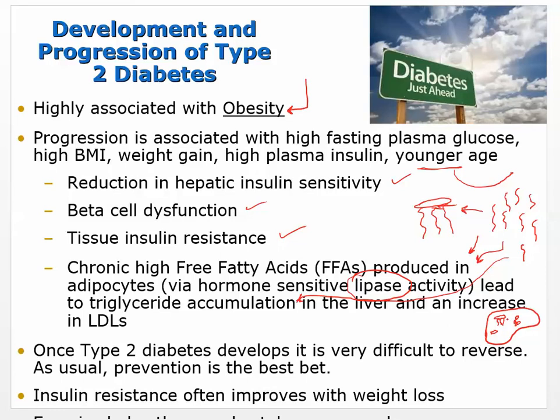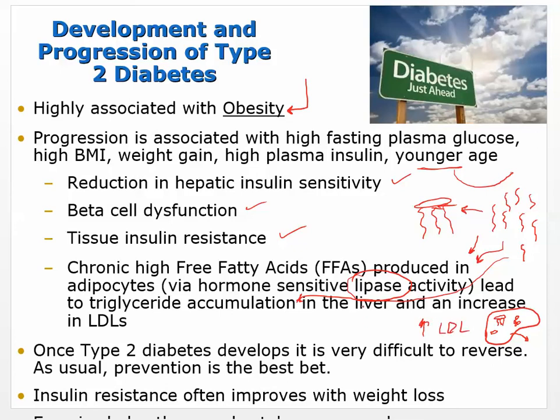And so what you see is an increase in fatty acids, an increase in triglycerides in the liver, and an increase in release of very low-density lipoproteins, which are carrying these triglycerides, and then they drop some of those off, and it causes the production of low-density lipoproteins, which is the bad cholesterol. Okay.